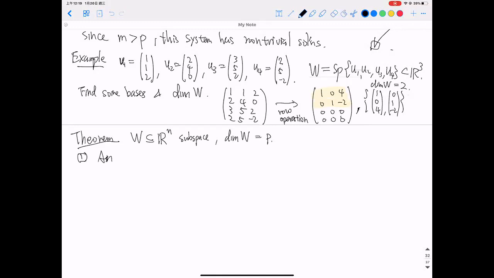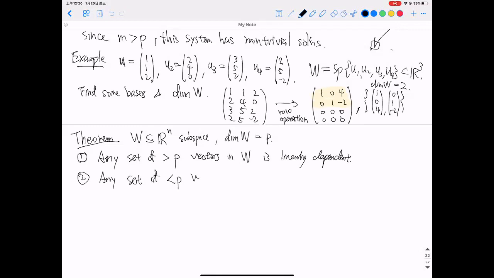Any set of more than P vectors in W is linearly dependent. Any set of fewer than P vectors in W does not span.